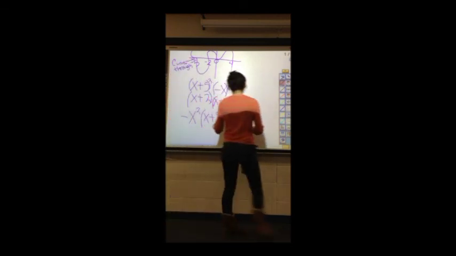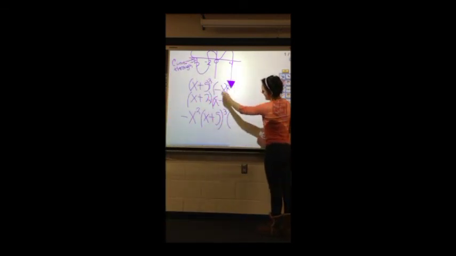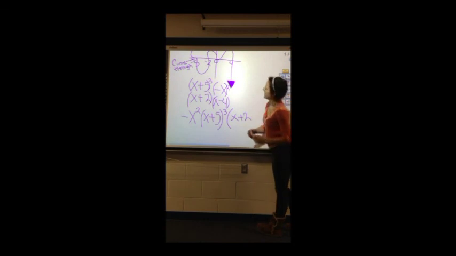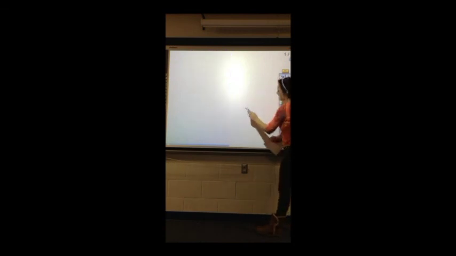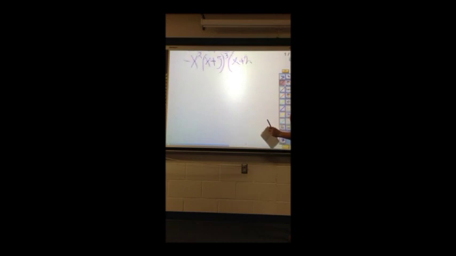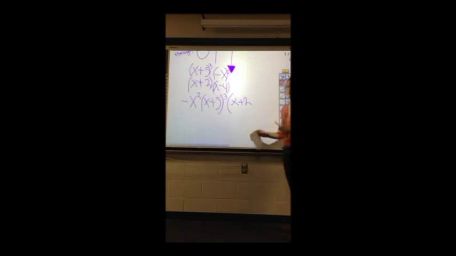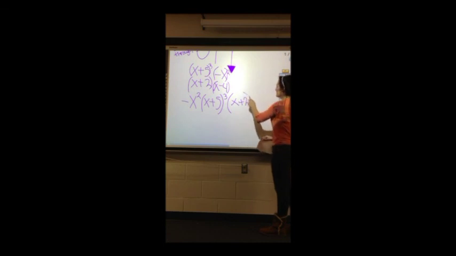And then next we're going to have an x plus 2 because our graph intersects at the negative 2. And for our x plus 2, this is not going to have any degree to it because it just goes straight through on the graph.